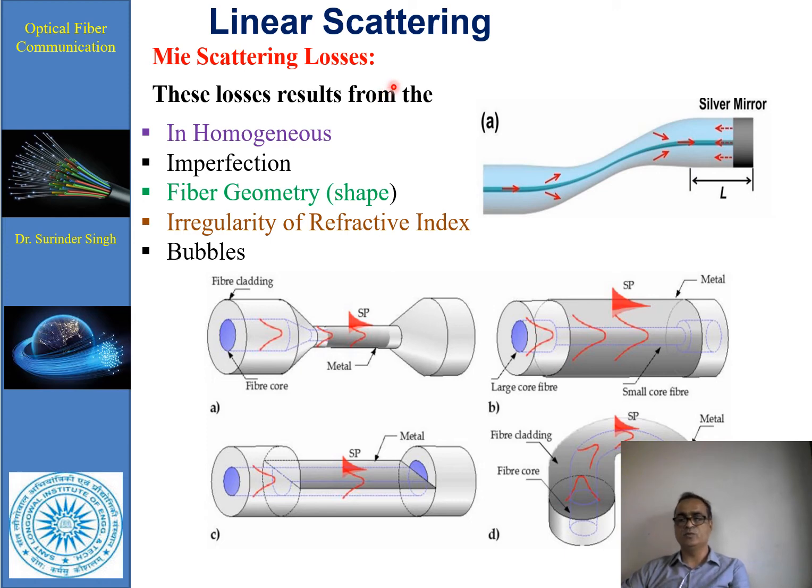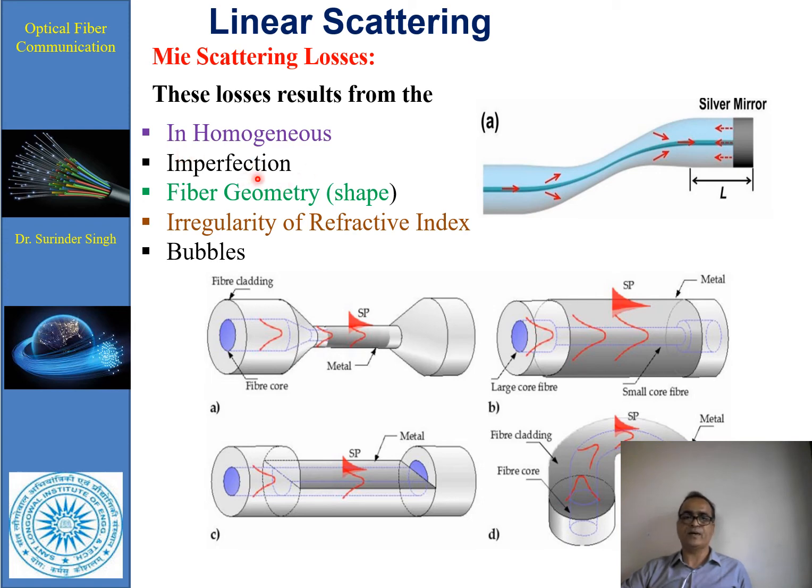This is due to imperfect structure of the waveguide caused by imperfections such as irregularity at the core cladding interface, or a core cladding refractive index difference along the length of the fiber. Sometimes there is diameter fluctuation, strain or bubbles. These are the causes.